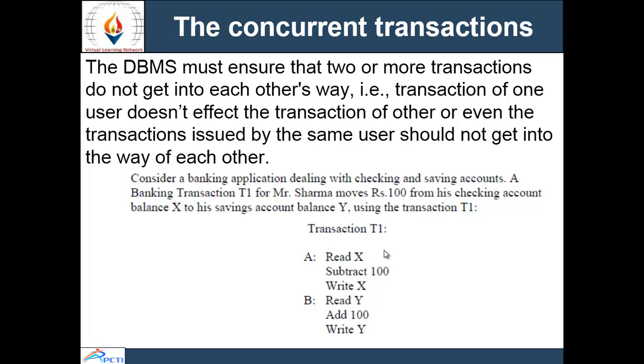That is, the transaction of one user does not affect the transaction of another, and even the transactions issued by the same user should not get into the way of each other. Transactions are called concurrent transactions if they are issued at the same time and on the same database.